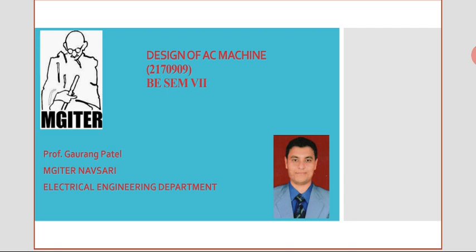In the previous semester, you learned about different AC machines like the three-phase induction motor, single-phase induction motor, synchronous motor, etc. There you found that a machine has three main parts: stator, rotor, and the windings.